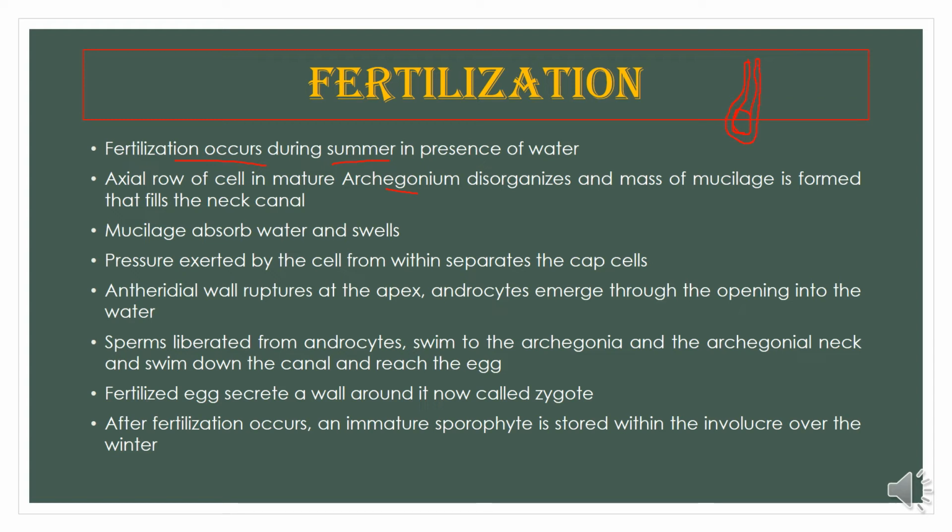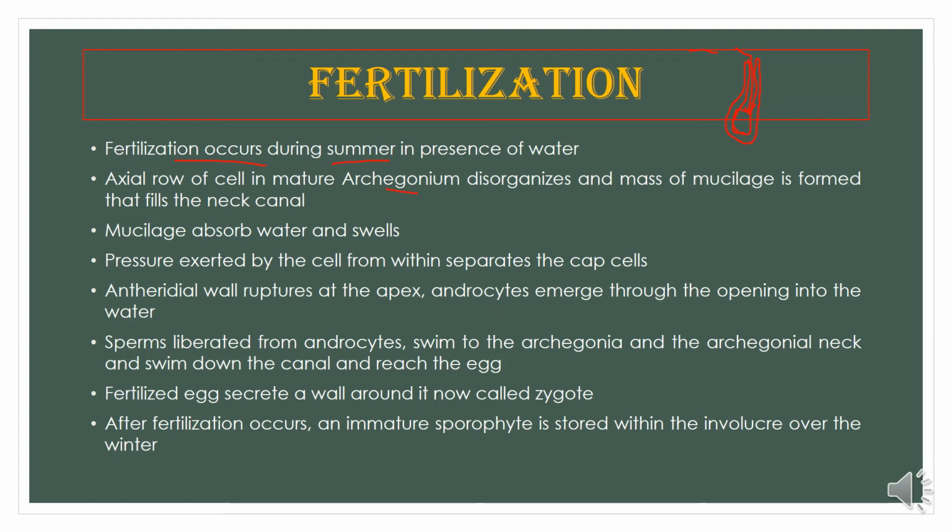By this time all the neck canal cells and the ventral canal cell have disorganized and converted to mucilage. So the sperm swim and enter the neck and ultimately fertilize.